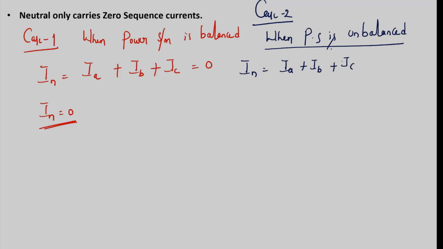So whenever there is unbalance, you have to write every component as the sum of its sequence components. Whenever any term is unbalanced, you have to write that term as a sum of all three sequence components. That is how you have to solve it.